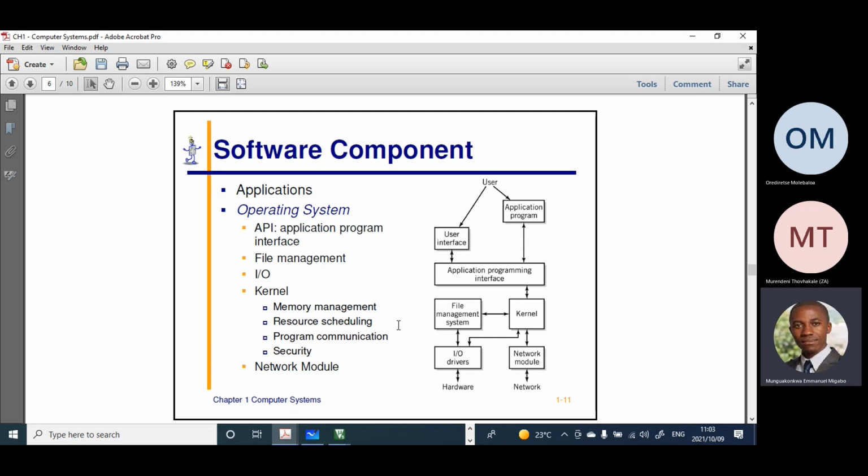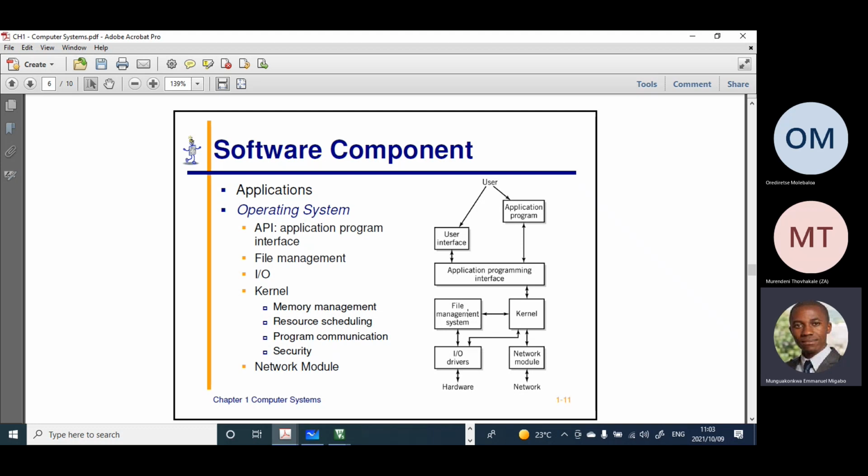Remember we said that from an architecture point of view, a computer is made up of hardware. We've described hardware quite a lot today. We've got memory, the software component, and communication. Now we're talking about the software component. You can't speak about a computer system without having a software component.